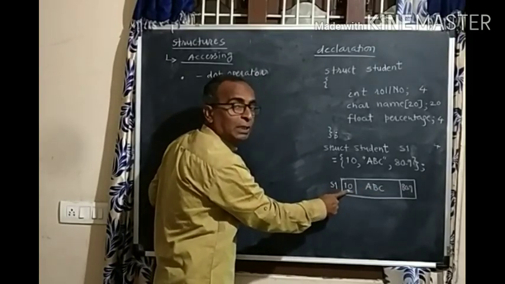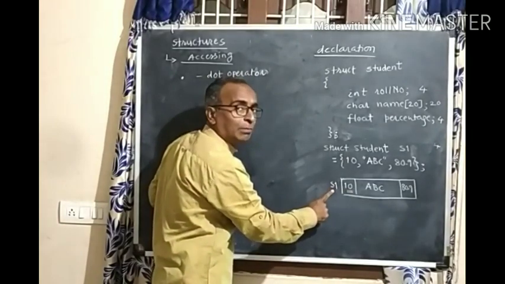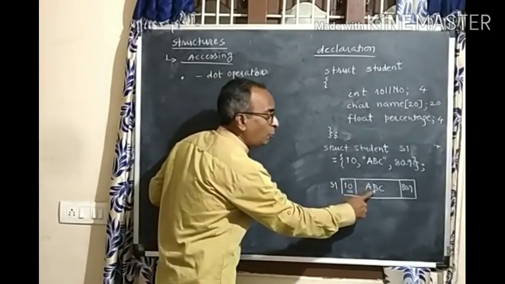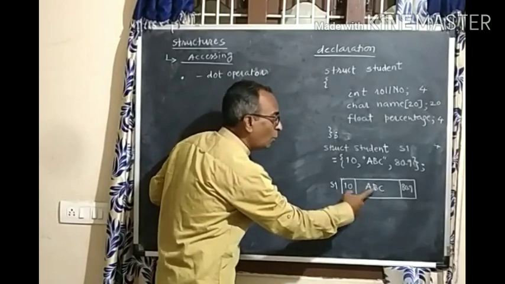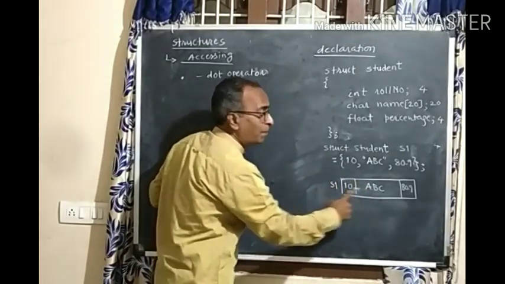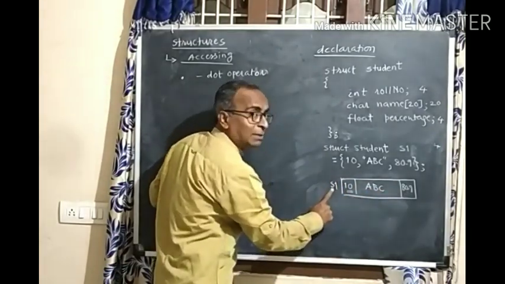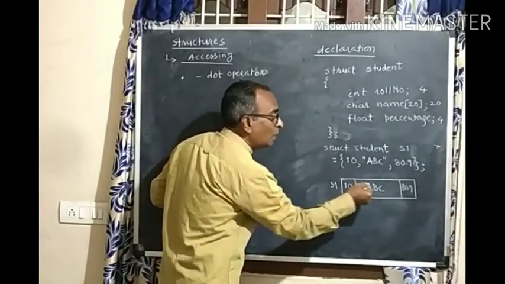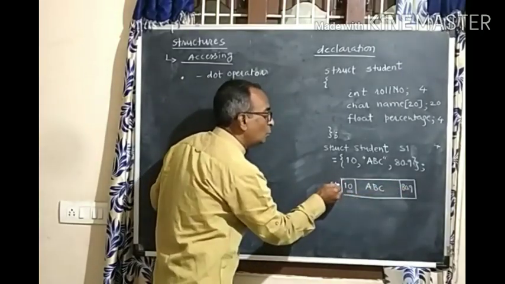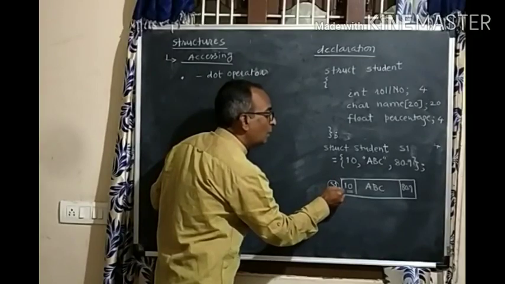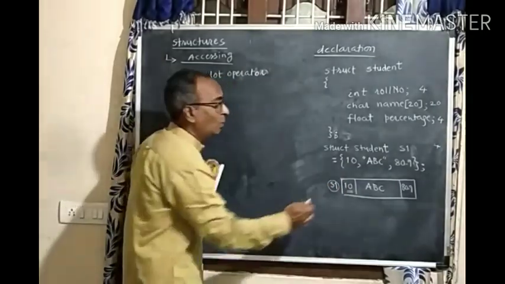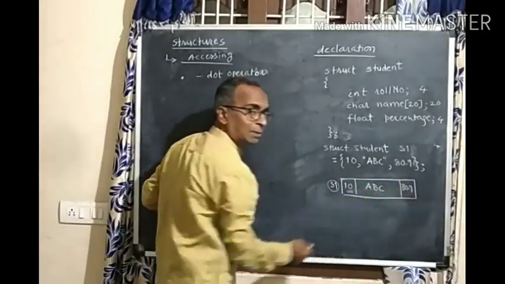Whose roll number are we accessing? S1's roll number. If you want to access name, name of whom? S1's. Percentage of S1's. Whenever you are accessing these variables, you should know the variable name of the structure. Then only you can access these members.